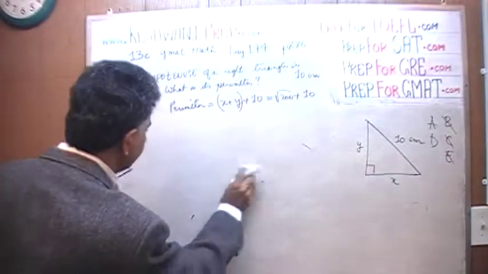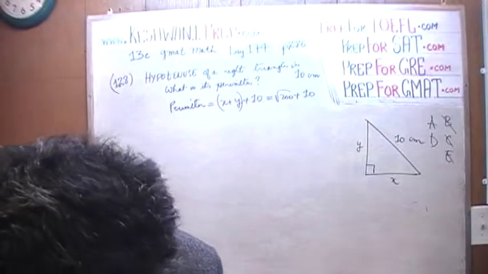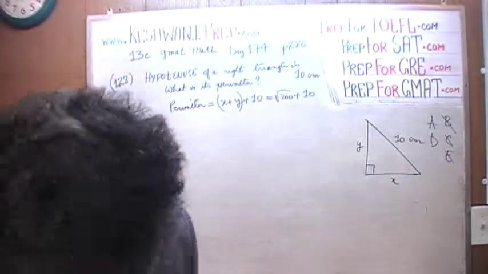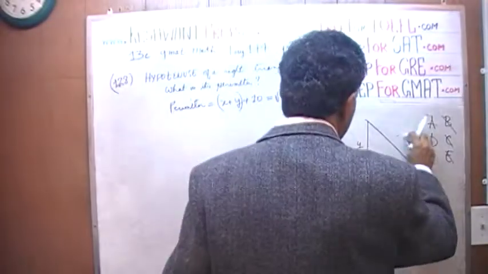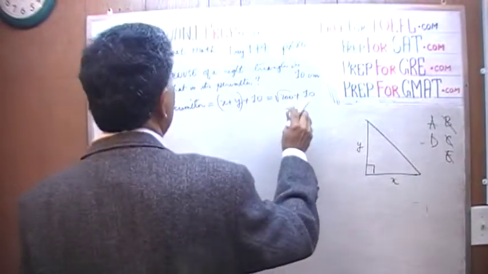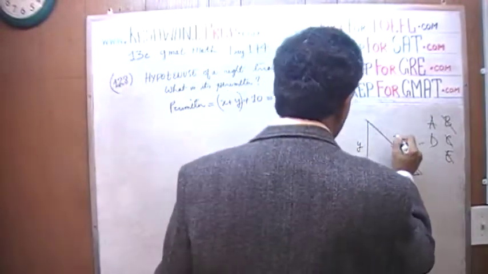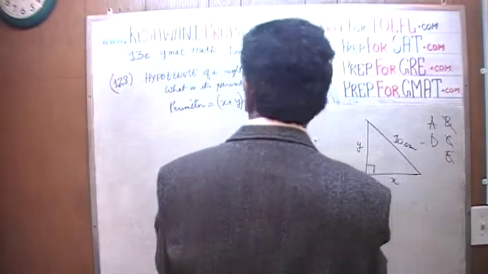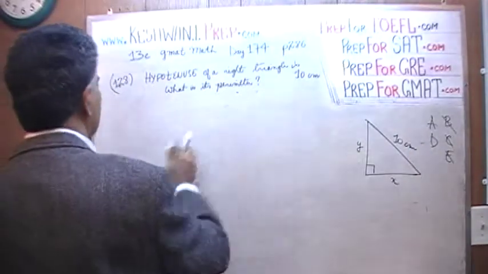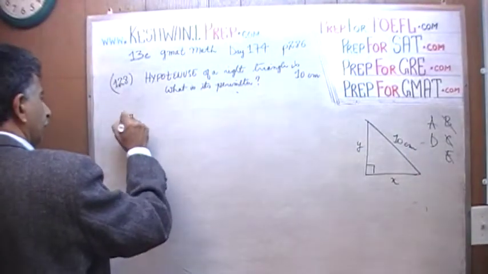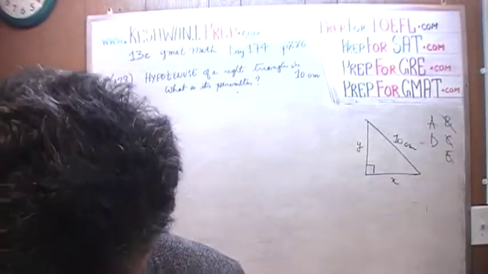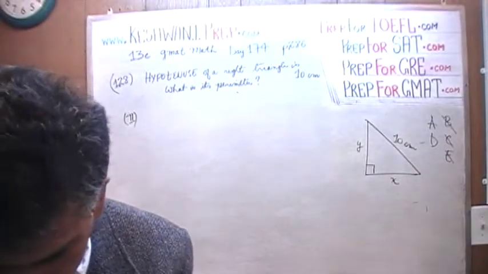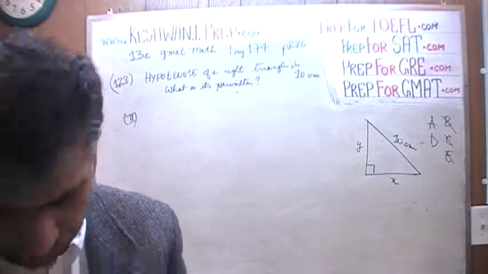Let's see what they tell us in the second statement. In the second statement, they tell us that the two legs of the triangle are of equal length. Oh, that part is actually given in the problem itself. What does it mean? And why does it have legs?